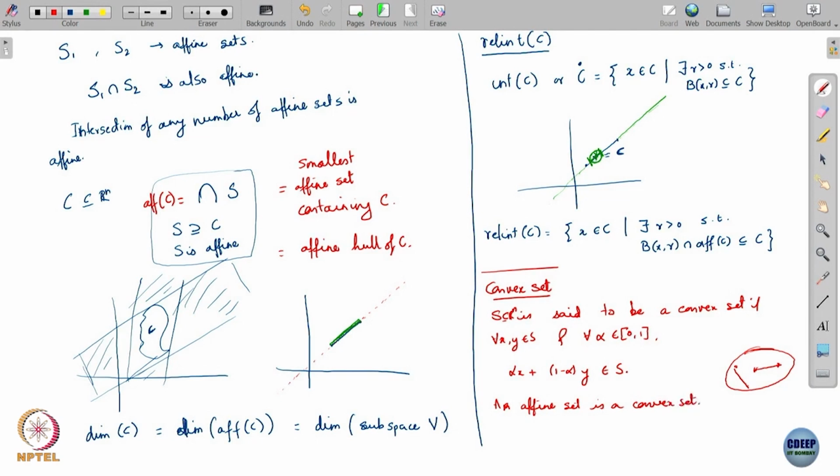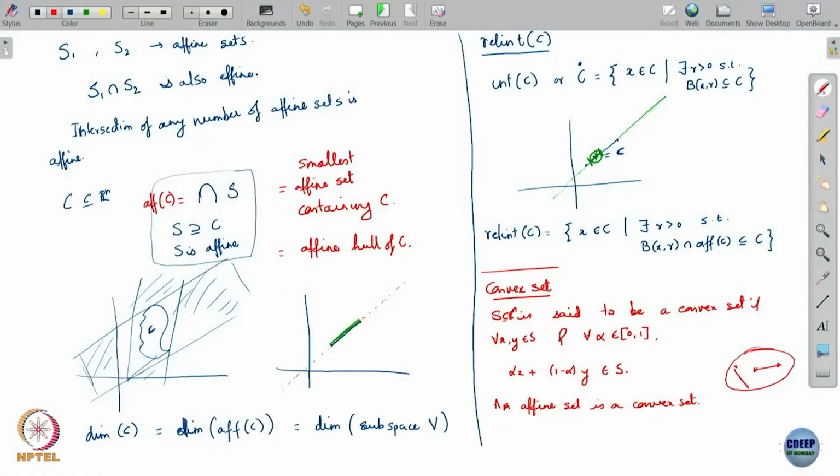Is it possible for a convex set to be open, for example? No, there is no problem at all. A convex set can be open, a convex set can be closed. So, openness and closedness have nothing to do with whether it is convex or not. These are completely separate properties. Okay. What if I take the intersection of two convex sets?